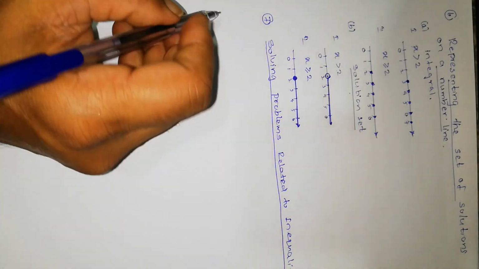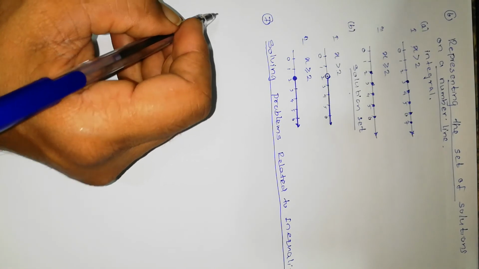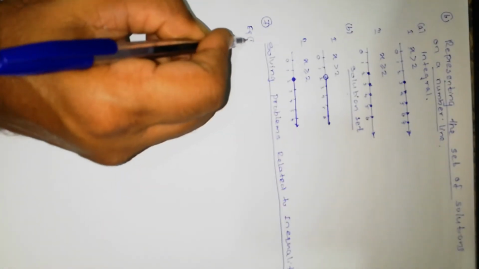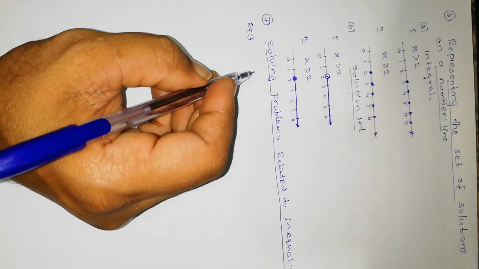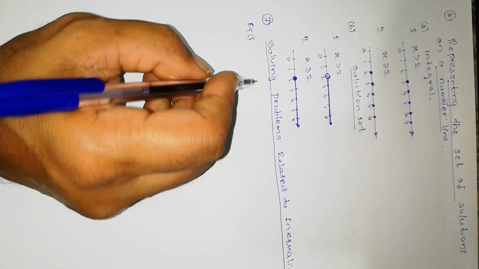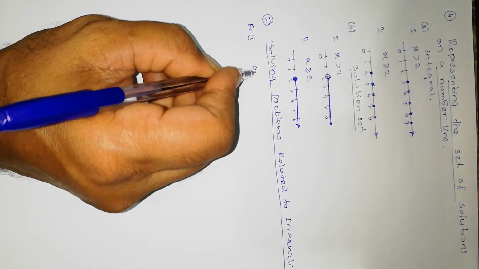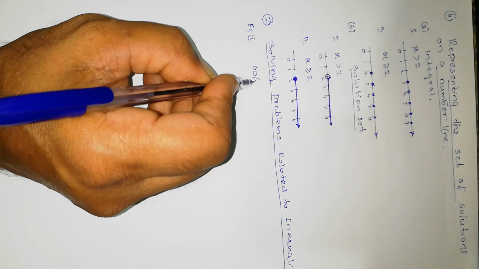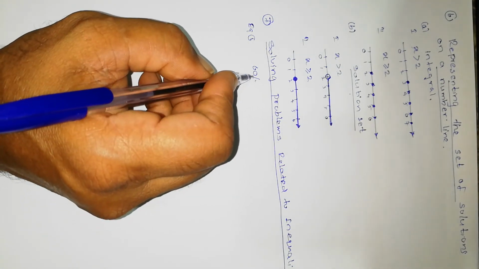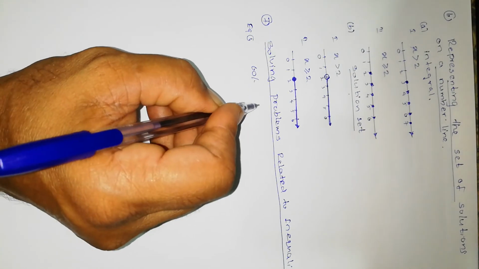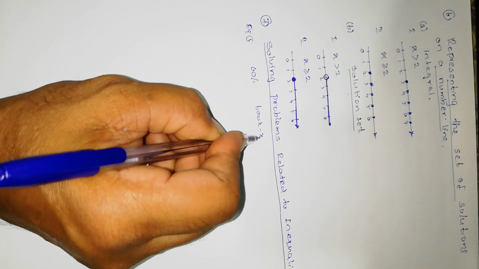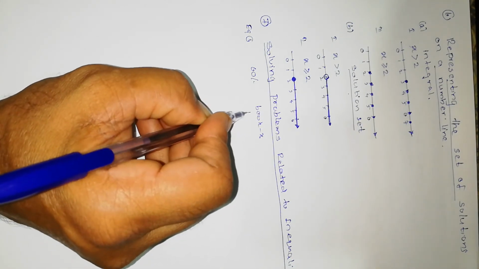Right, now let's do this example. You write down this example, children. Example number 1. Sakindu has 60 rupees.